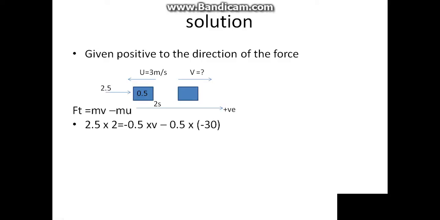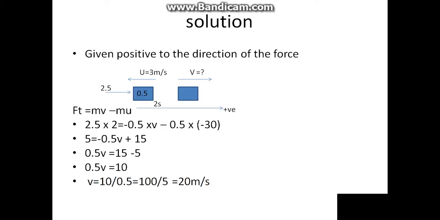So we have minus 0.5 times v minus 0.5 times 30, since the direction of force is negative. Then we have 5 is equal to minus 0.5v plus 15. We take like terms together. We now have 0.5v is equal to 15 minus 5, so 0.5v gives us 10. Then making v the subject of the formula, we have 10 over 0.5, which gives us 100 over 5, which is 20 meters per second.